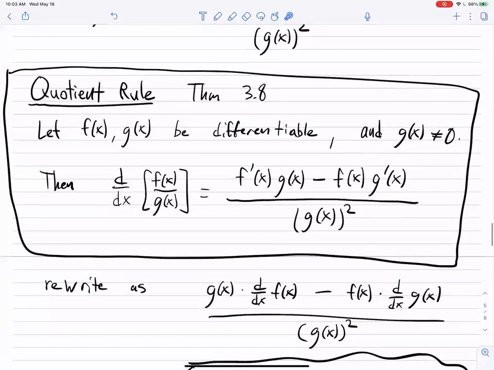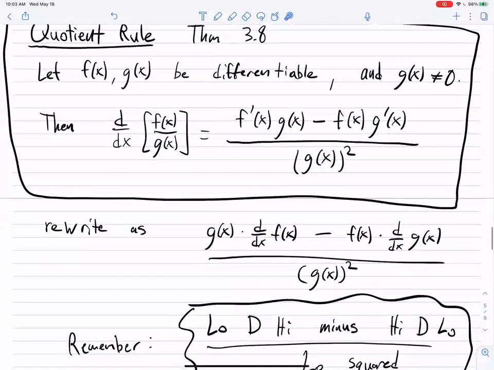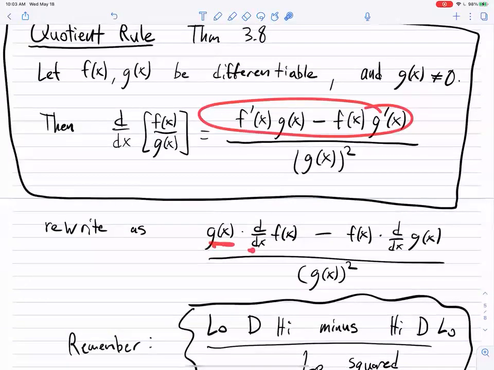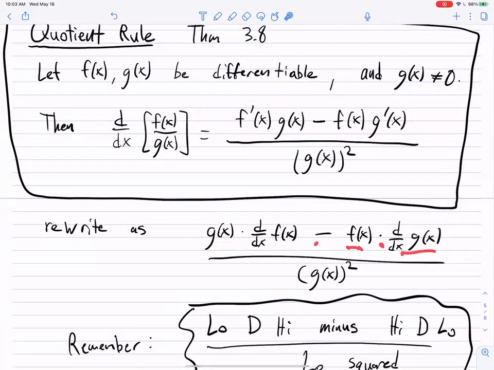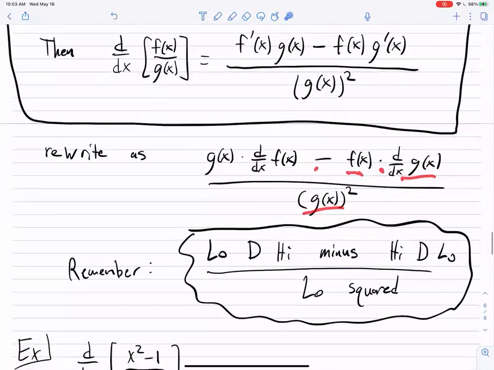And if we rewrote the top part as g of x times the derivative of f of x minus f of x times the derivative of g of x, over g of x squared, then the way I remember it in my calc class is we say low d high minus high d low over low squared.